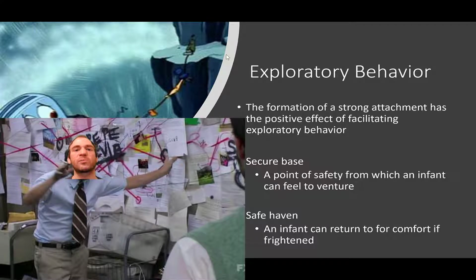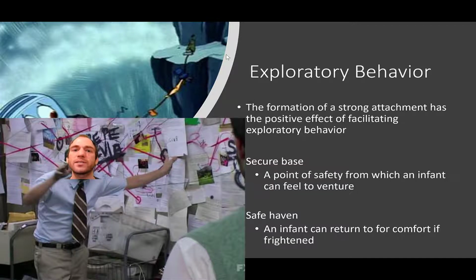So it facilitates exploratory behavior because this buffering effect, this protective, strong attachment protects the child physically, but also from being emotionally overwhelmed. So they can explore the world, develop, and also have someone to protect them from being overwhelmed.